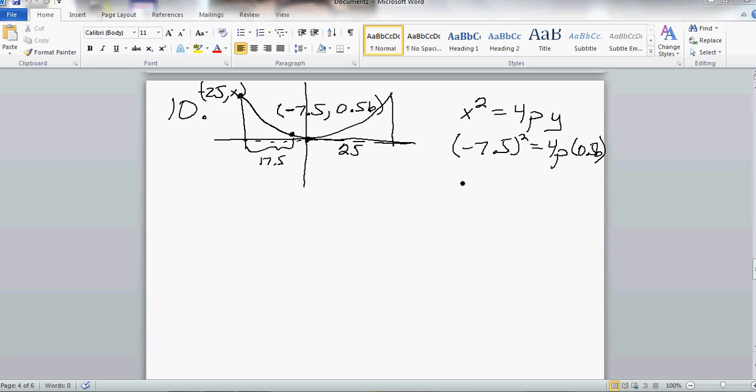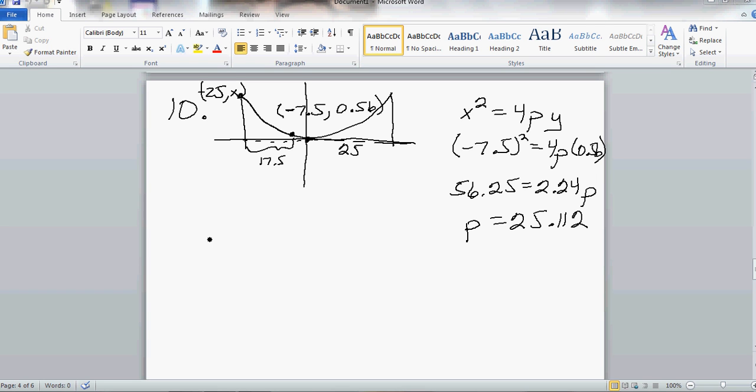So this will become 56.25 equals 2.24p. Divide both sides by 2.24, and p equals 25.112. So that's what p is.